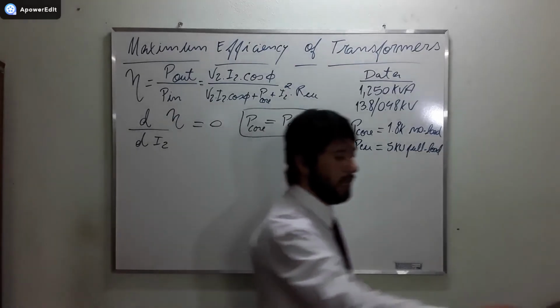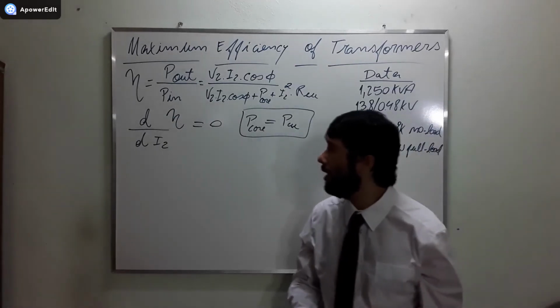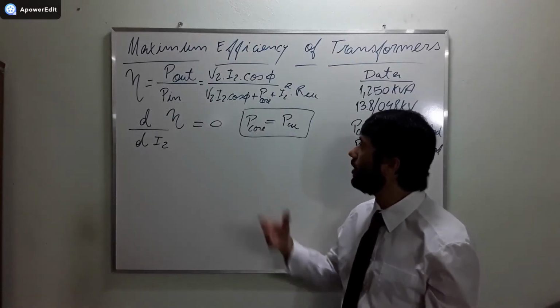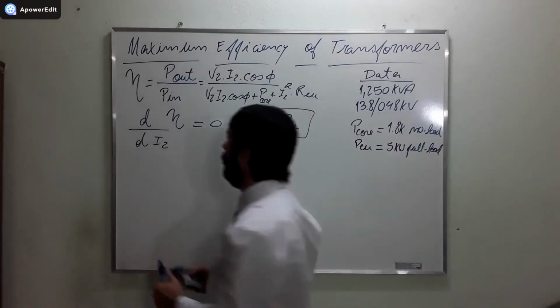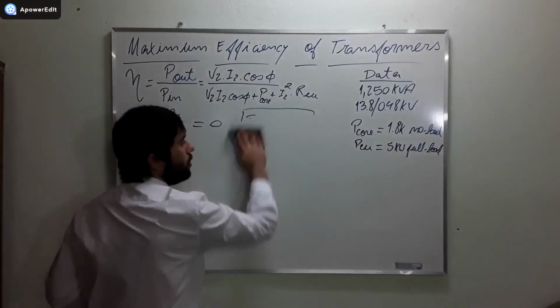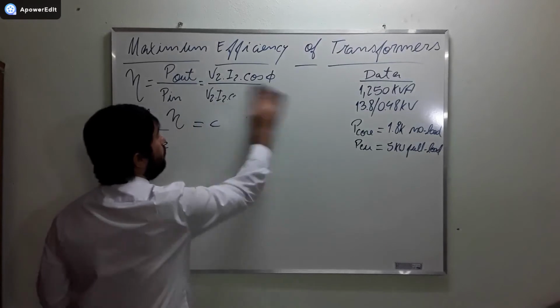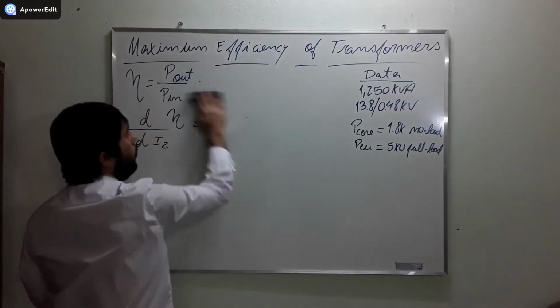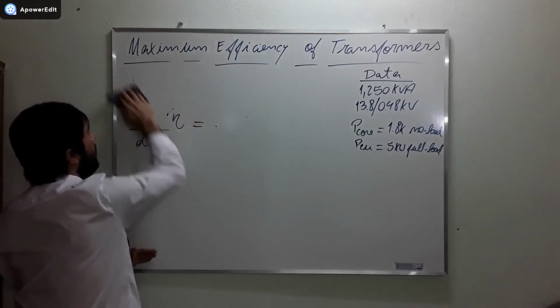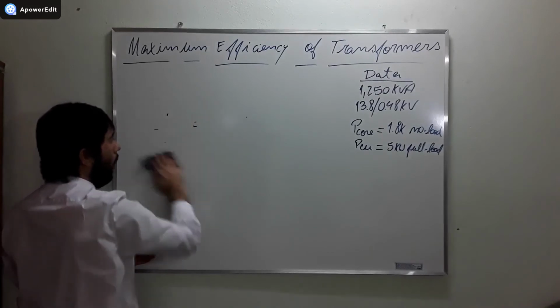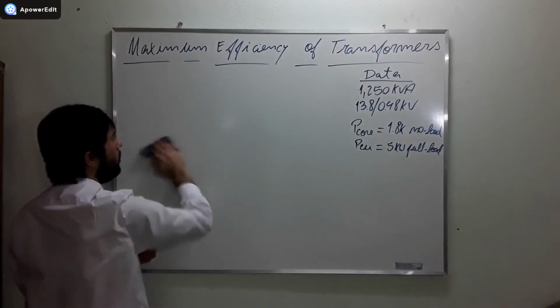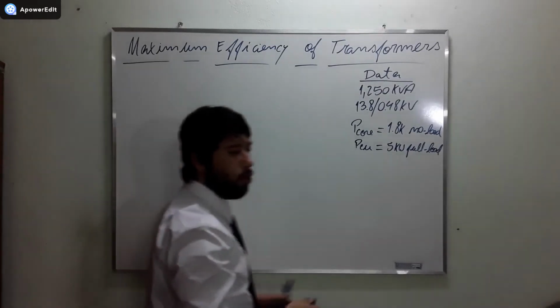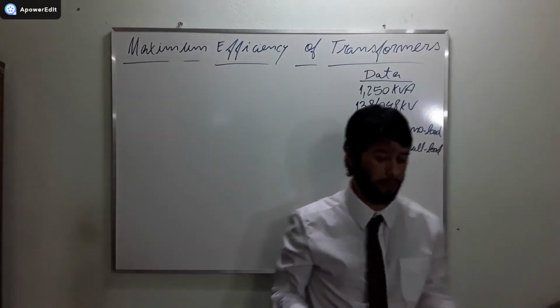Now that we know this, we have to understand how we are going to use this concept. This is kind of theoretical, but we have to understand this to calculate what the problem is requesting us to calculate.